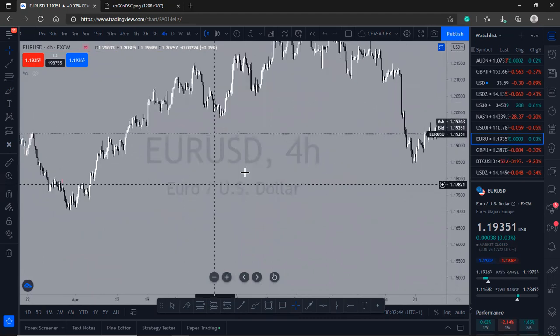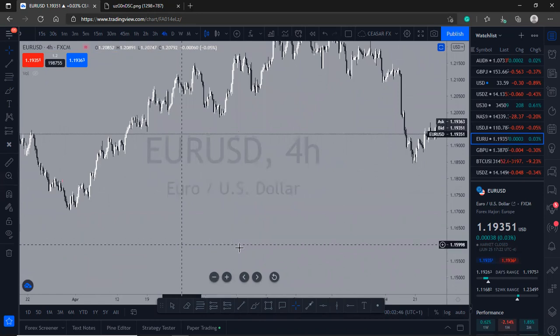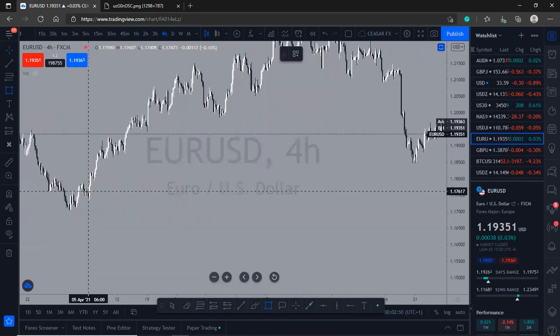You see this order block below here, this one.